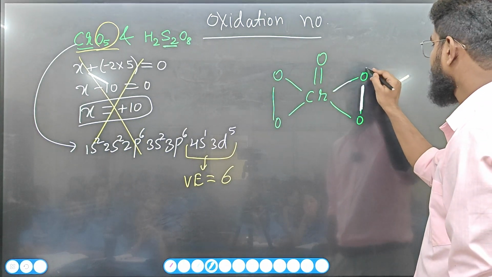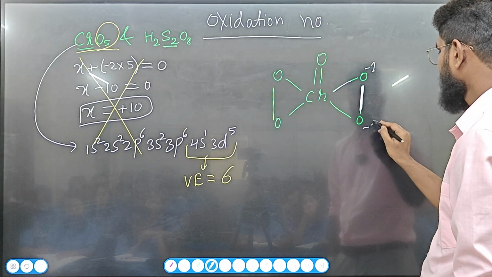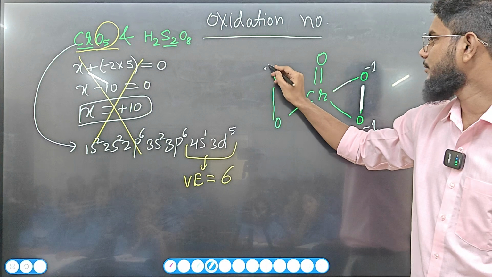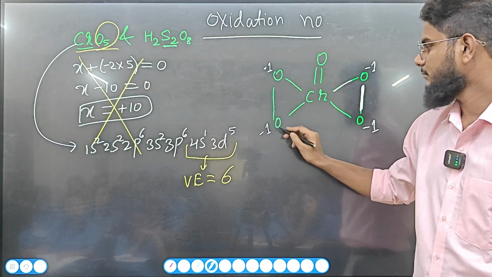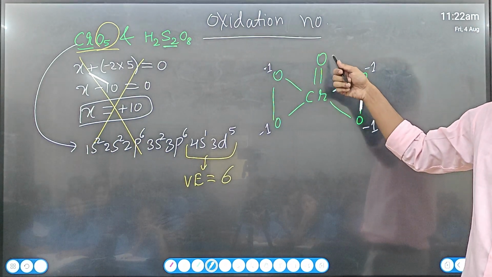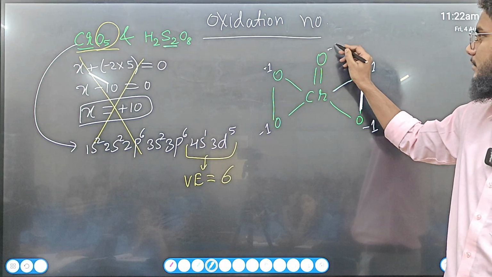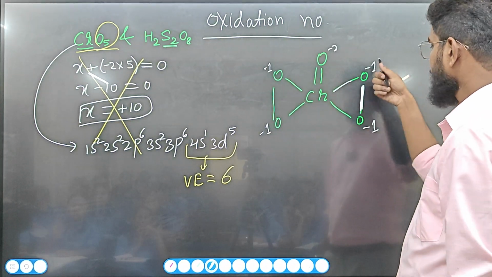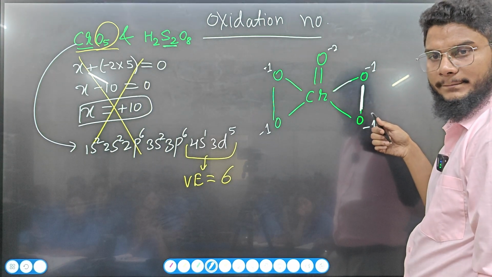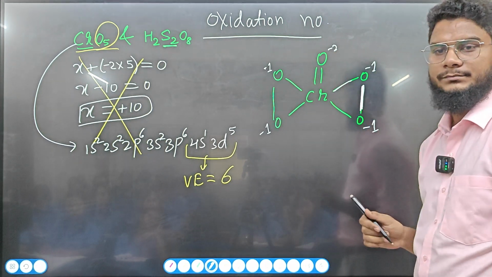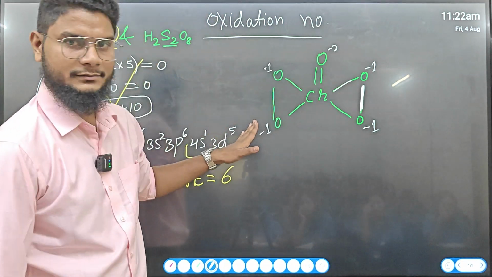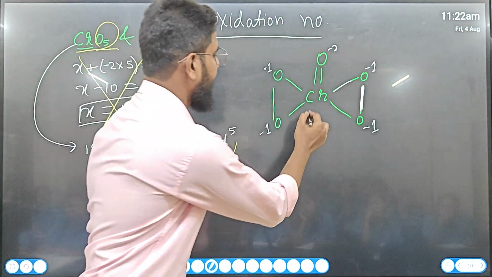So it has -1 charge, -1, -1. This is also the same, -1 and -1, and this is normal oxide, -2. So these two oxygens, -2, -2, total -4, and -2, -6. These are for the oxygens. So what about the metal?